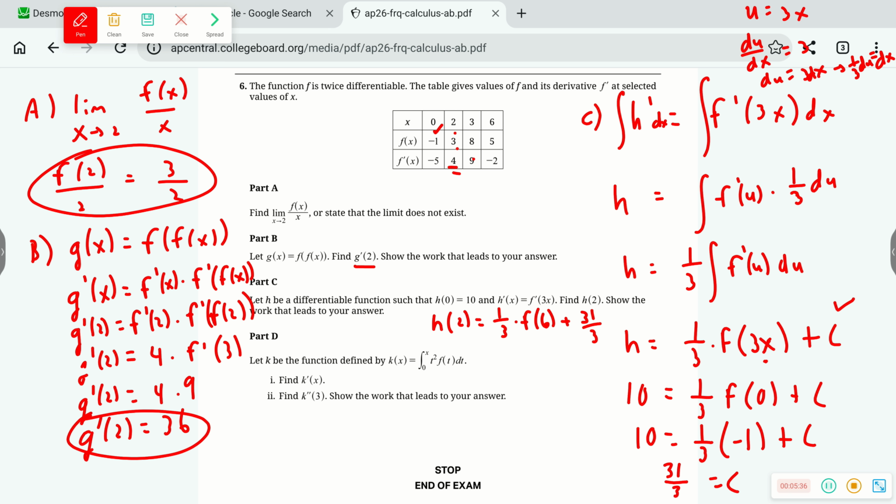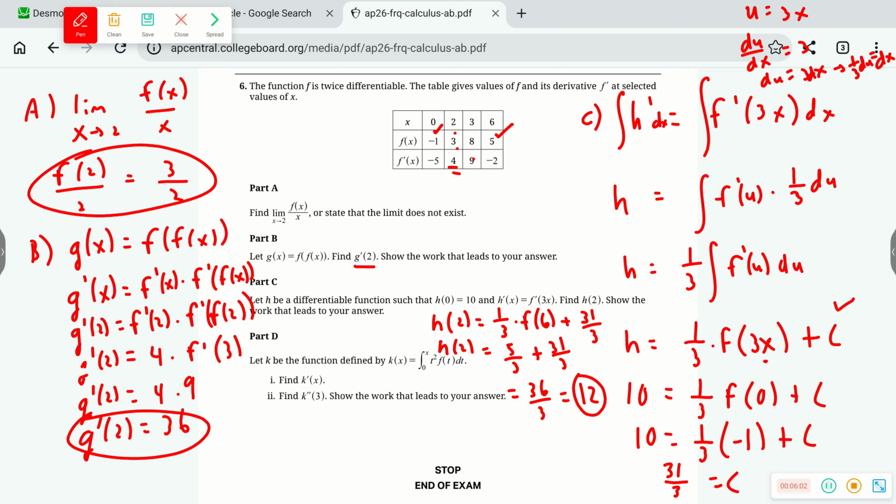Seems a little weird. So h of 2, well, f of 6 is 5 there. So it'll be 5/3 plus 31/3, which is 36/3, which is 12. Interesting.